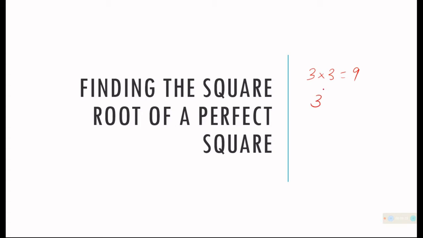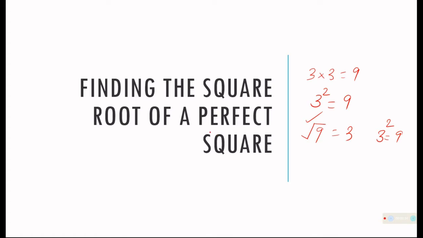Now after learning indices, we write 3 squared is equal to 9. That means the square root of 9 is equal to 3. If 3 is squared you will get 9. This is the concept of square root.